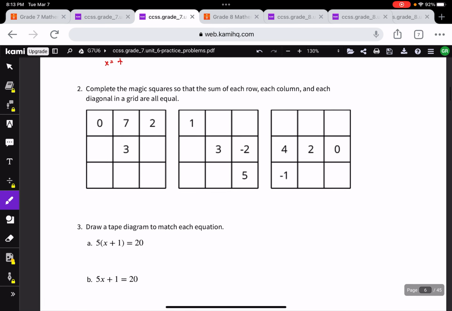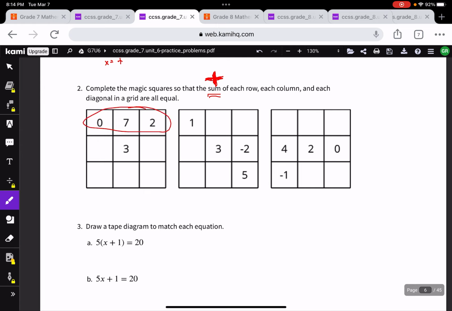It says complete the magic square so that the sum, that's addition problems, the sum, not multiplication, addition, don't write it slanted, otherwise you'll think it's multiply. The sum of each row, each column, and each diagonal are all equal. And if you notice, well, that one's different.